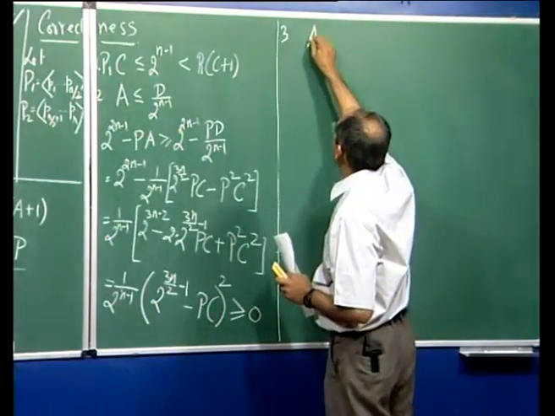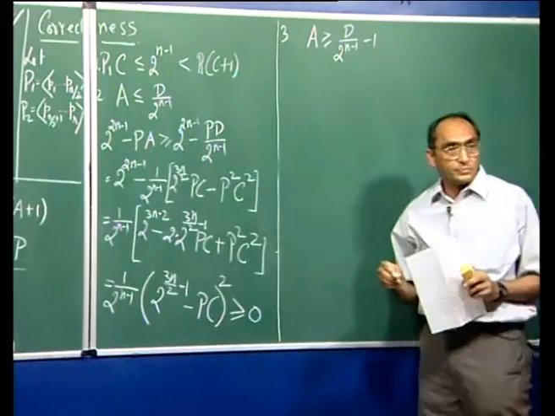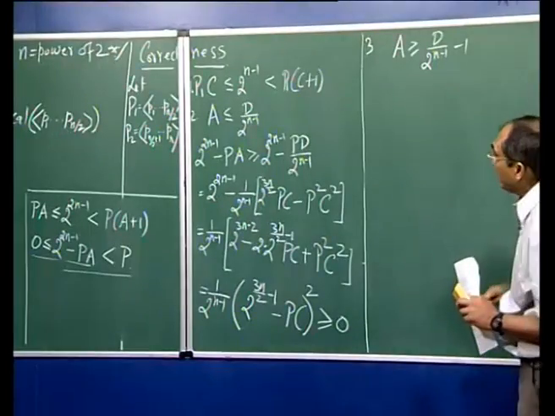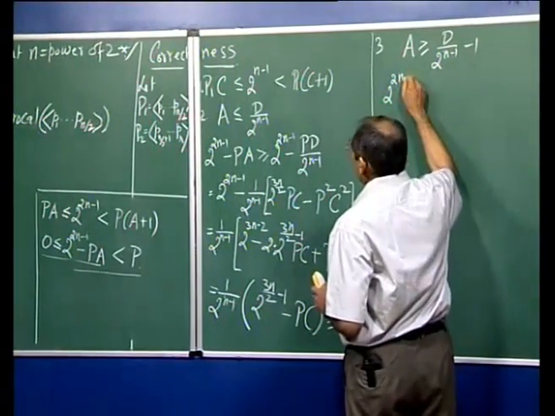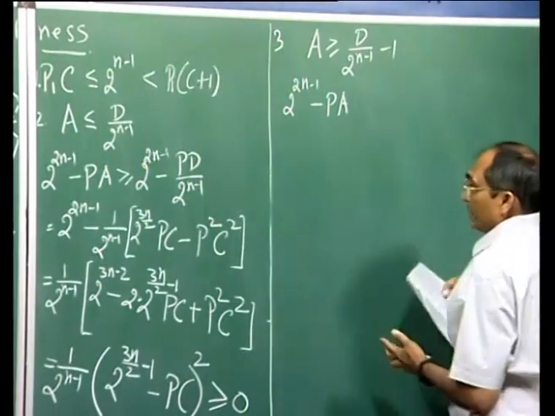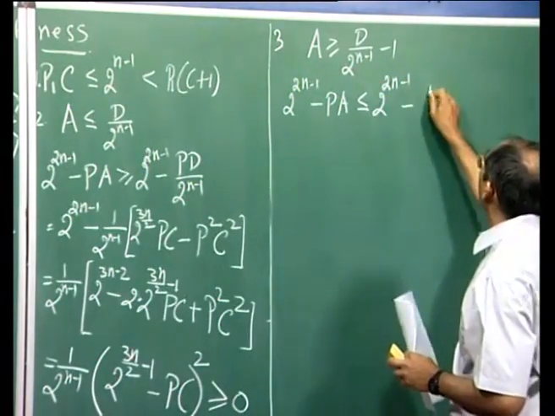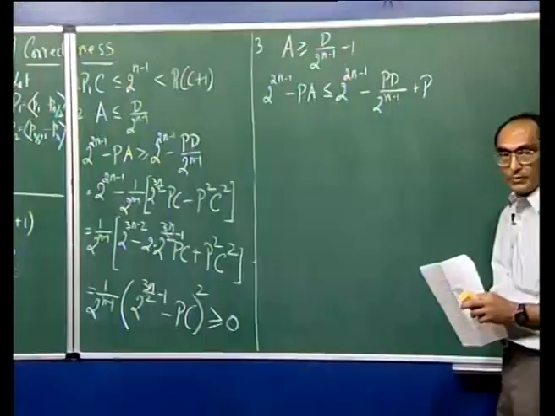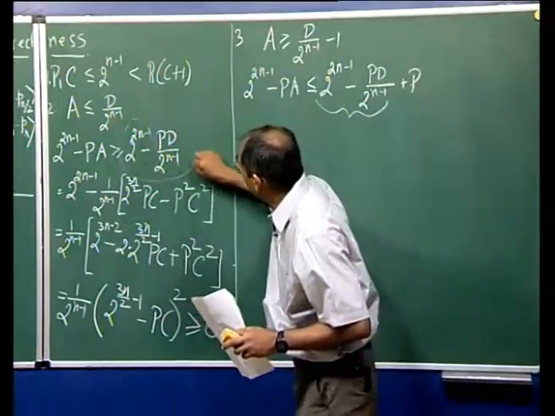So, we know that A is actually greater than or equal to d over 2 power n minus 1 minus 1, because of the fact that we took the floor of d over 2 power n minus 1 as A. Once again I am going to just plug in the values and try to compute 2 to the power 2n minus 1 minus PA, which would be less than or equal to 2 power 2n minus 1 minus P of PD divided by 2 power n minus 1 plus P. Now, this expression we have already computed.